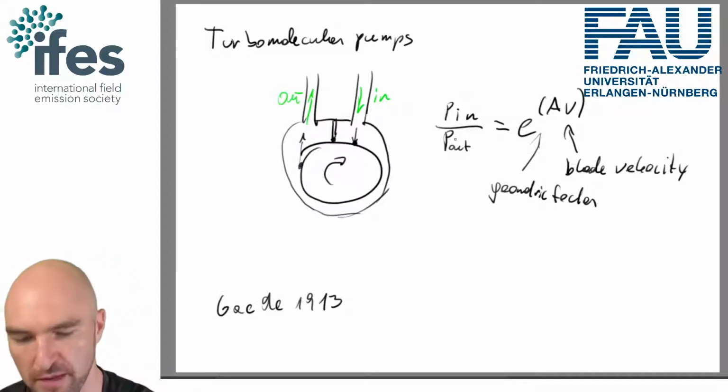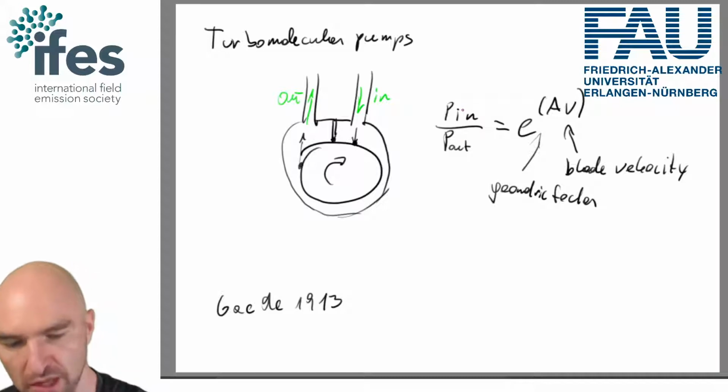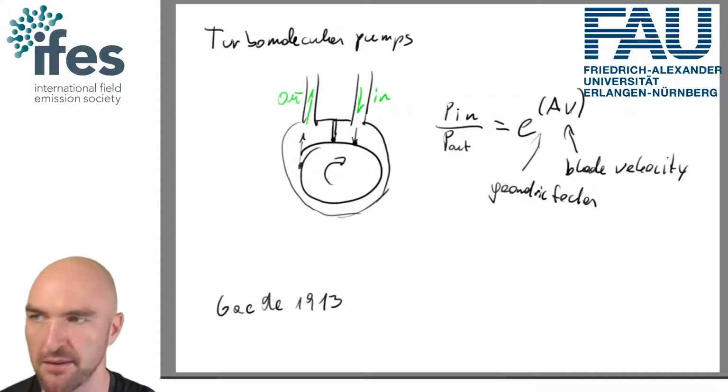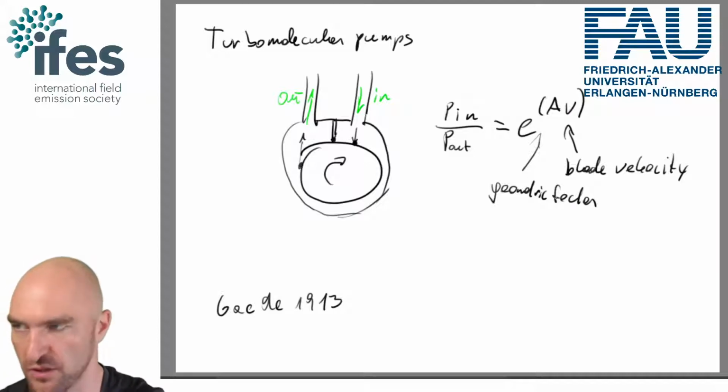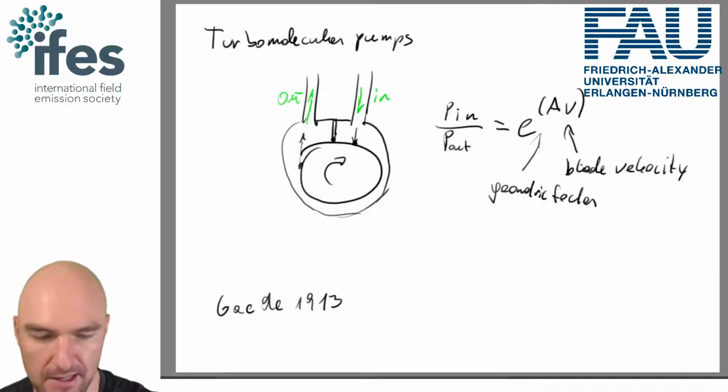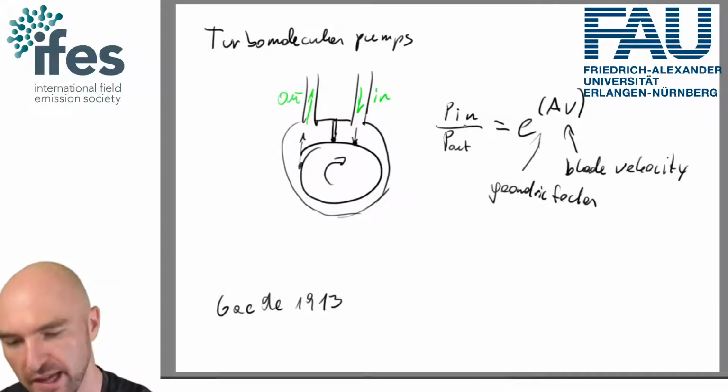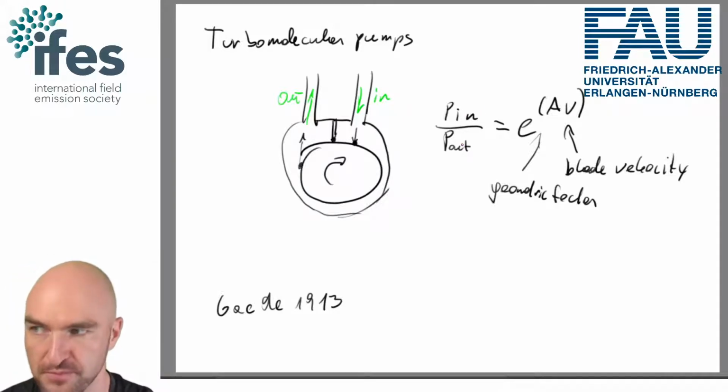And that's what I meant by a differential pump. So if we have a given pump operation, the geometric factor is just a factor of what our pump looks like, and a given blade velocity, we have a ratio between pressure in and pressure out.